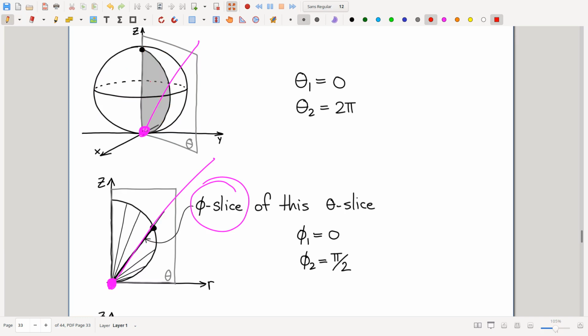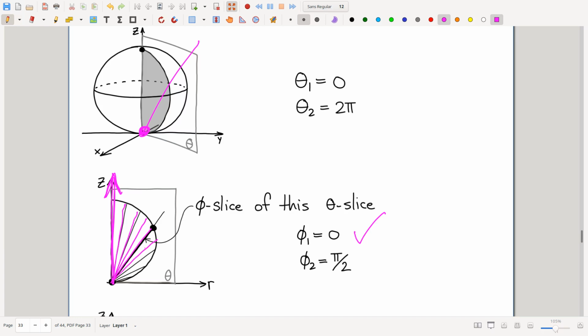these phi slices here, the first one is like that, where phi is equal to 0. Right? And then you can start looking at your various phi slices, and as phi increases, it keeps going like this.